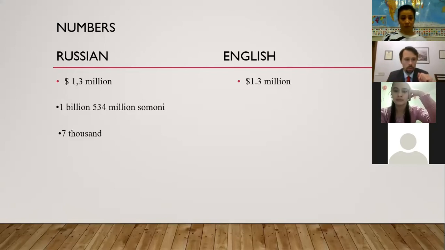Next one, 1,534,000,000 simoni. We make it a little bit shorter, and we add the dot, 1.5 billion simoni. We probably don't need all those little numbers. We'll probably round up a little bit. 7,000. Write it out. Make it a full number and put a little comma there. That's so that your eyes can understand how many zeros there are when you get to big numbers.